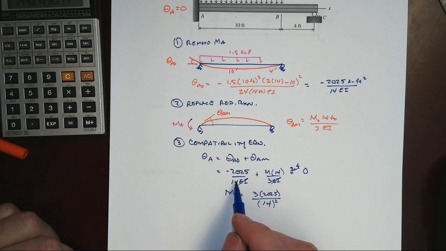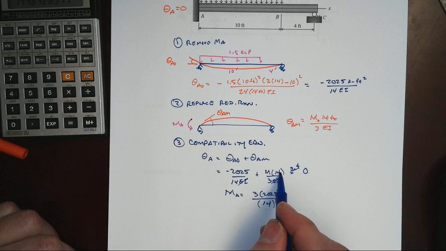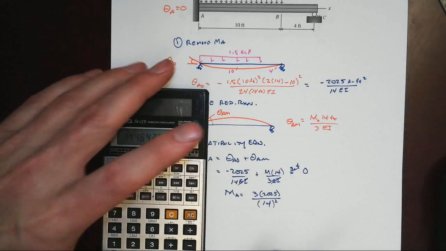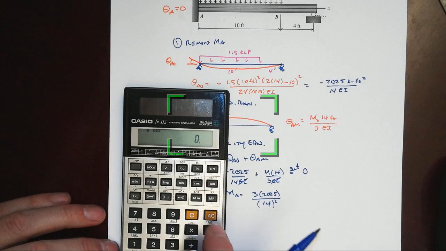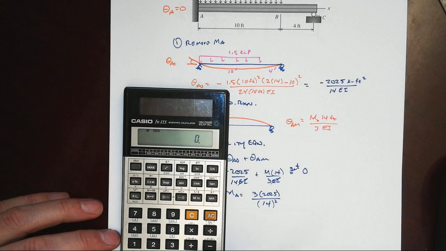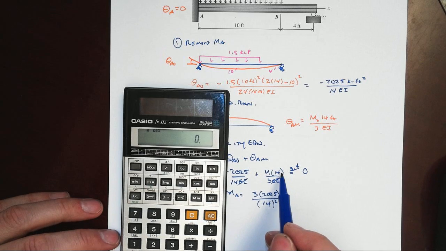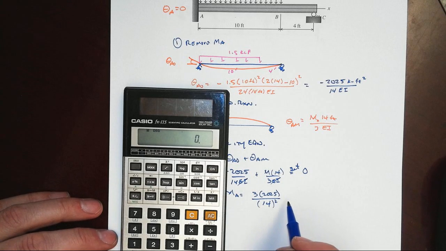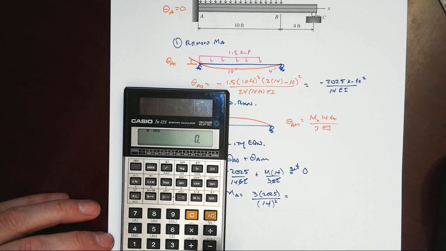We had kip feet squared here. There's a feet that goes in there too, I think. I can check units again in just a moment. Oh, no, the 14 here no longer has units. We got kip feet squared there because we had, and then we got that feet that comes around. So we're going to get just a kip foot, which is what we should have.